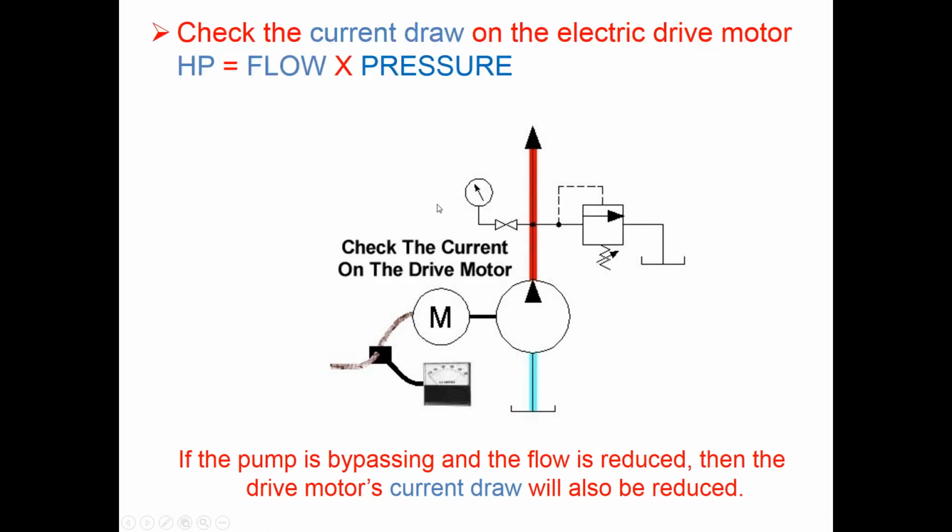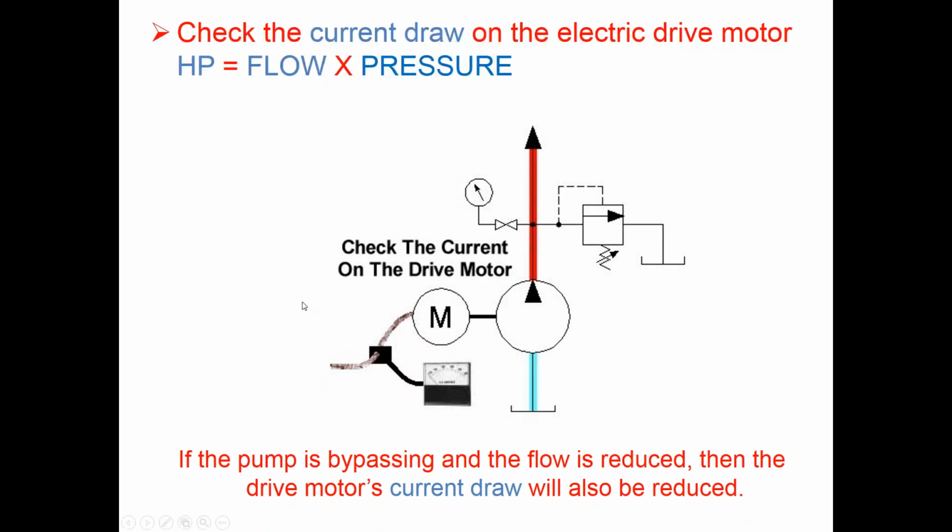But essentially what we want to get out of this is that if either one of these goes up, the horsepower goes up, and if either one of these goes down, the horsepower also goes down. And that'll reflect on the current draw on the drive motor.